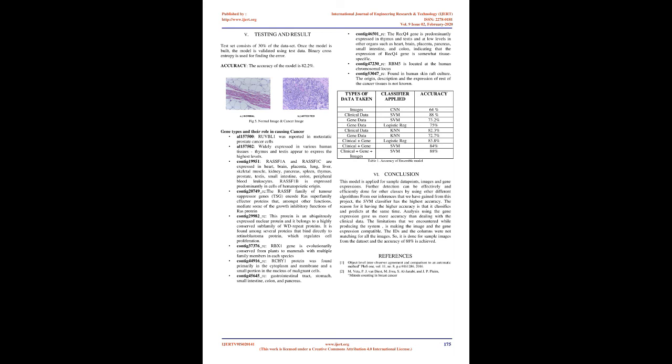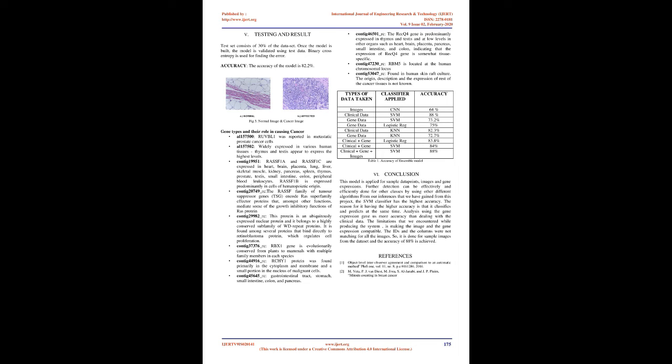Gene types and their role in causing cancer. AL157500, RUBBLA1 was reported in metastatic prostate cancer cells. AL157502, widely expressed in various human tissues. Thymus and testis appear to express the highest levels.